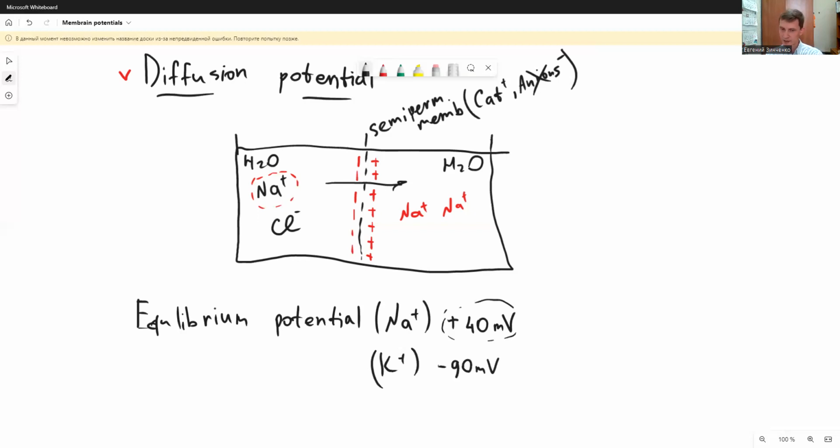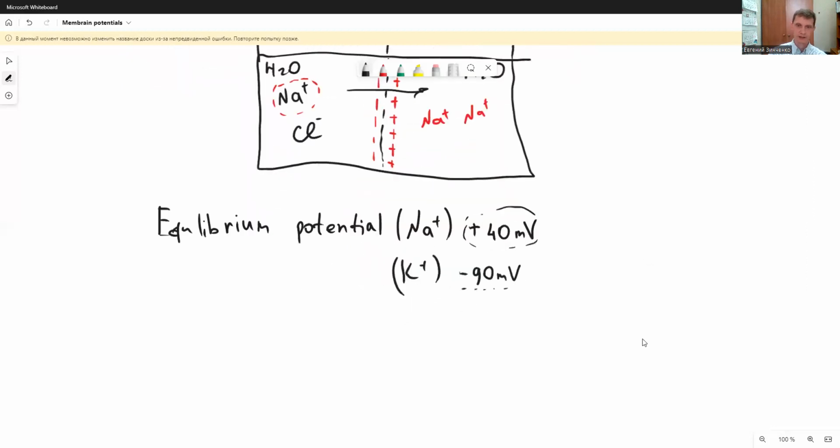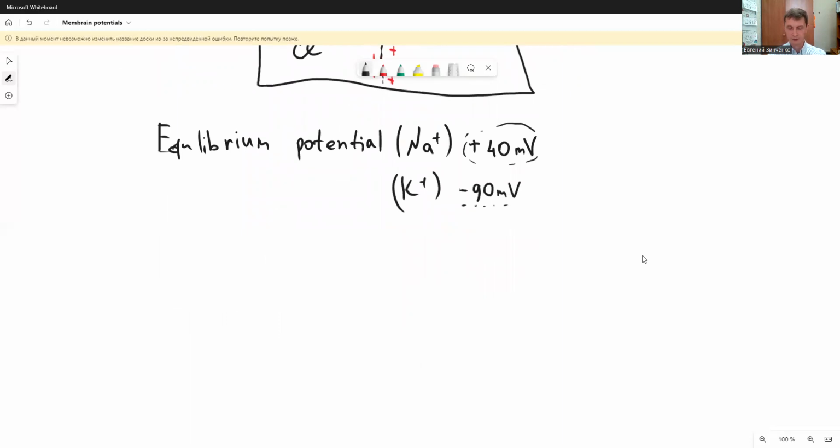That's why in the resting period, when K plus ion channels are opened in the membrane in large amount, the resting membrane potential is very close to this value. Okay, so equilibrium potential.